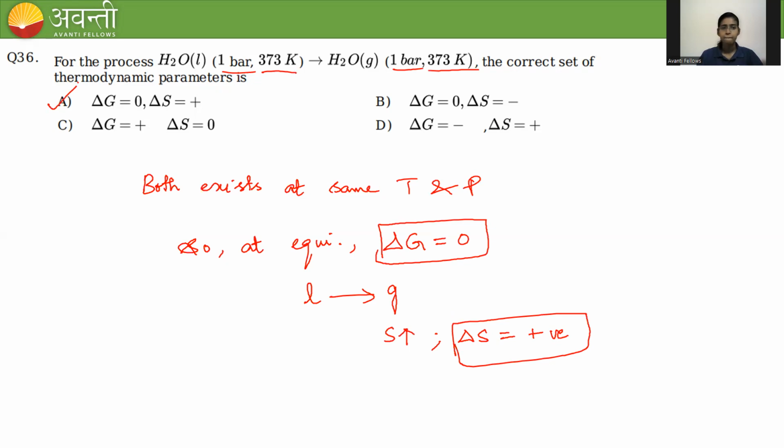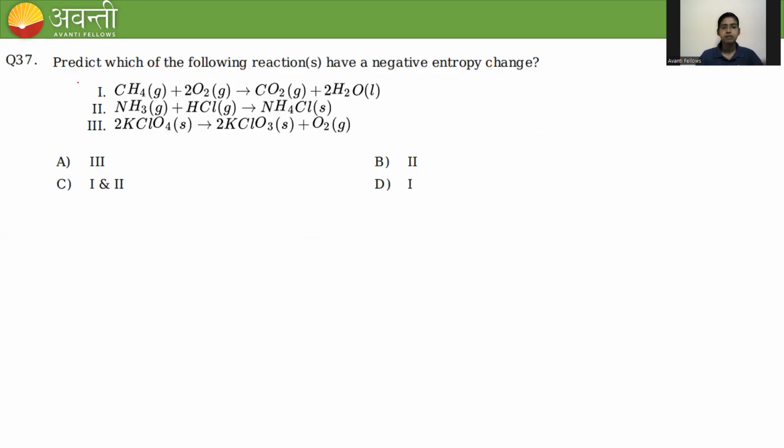Okay. Then moving on to question number 37. Predict which of the following reactions have negative entropy change. So we have to find out which among the given three have delta S as negative. Okay. So coming to the first reaction, if delta ng is negative, then delta S is also negative.